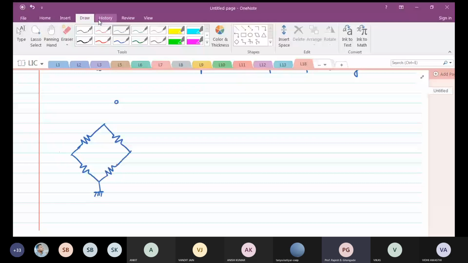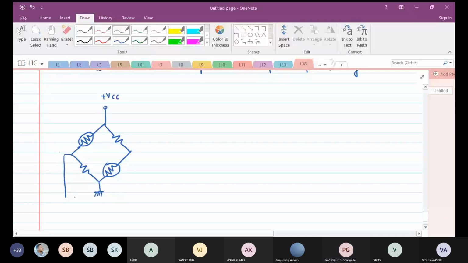This kind of bridge, have you studied? Yes, sir. So this is your plus VCC. This can be an LDR bridge, or a strain gauge bridge, which is called a load cell. The transducers may be mounted like this; these components may be the transducer. This is a balanced bridge, and I have the output of this bridge like this.